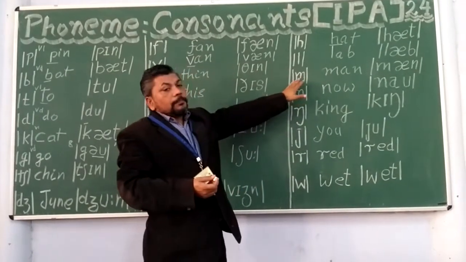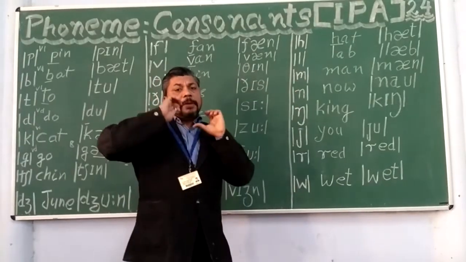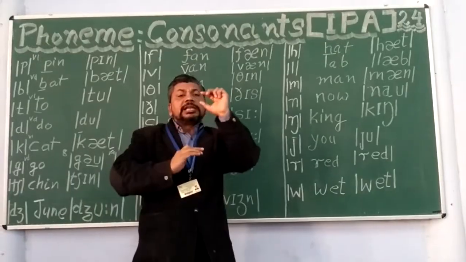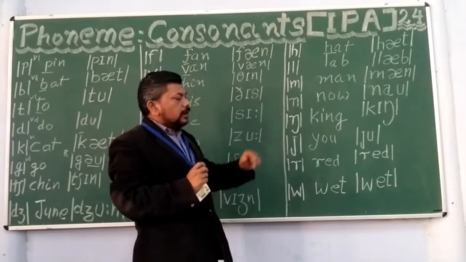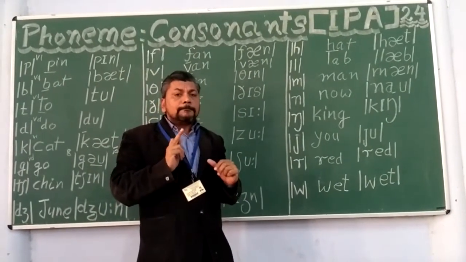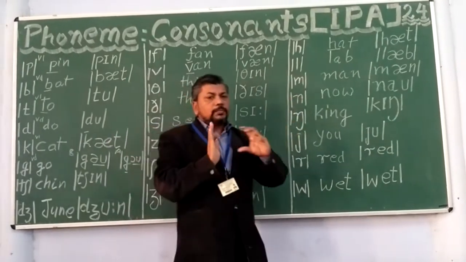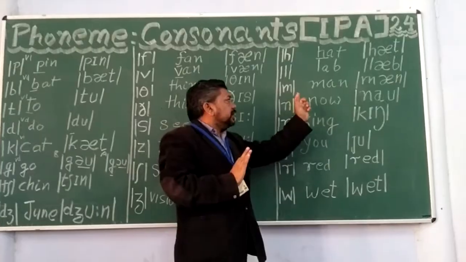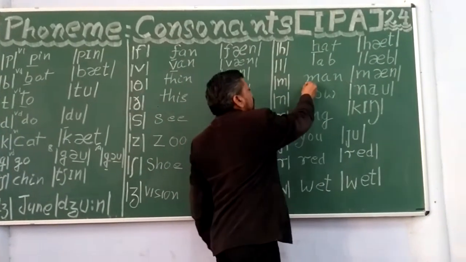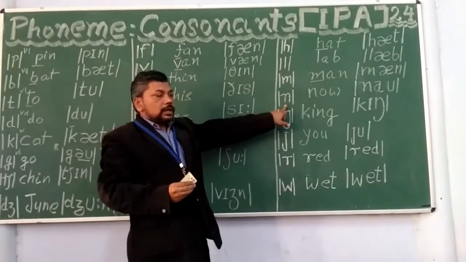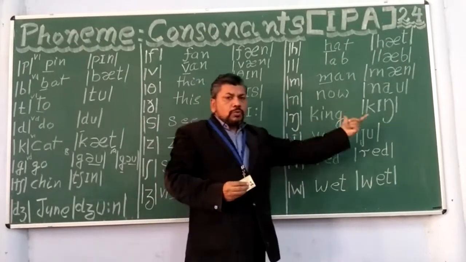Ma is a bit bilabial, but air also passes through the nasal cavity. That's why pa, ba and ma are identified as bilabial or its variation. So ma as in man. Then there comes na, na as in now.